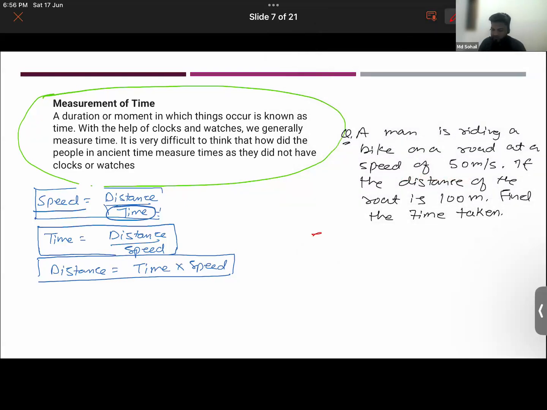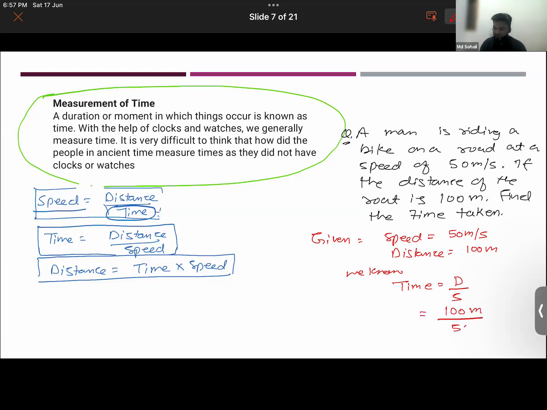In the question it is given that the speed is 50 meter per second, right? And the distance is 100 meter. And we know that time equals distance upon speed, right? So it is 100 meter upon 50 meter per second.